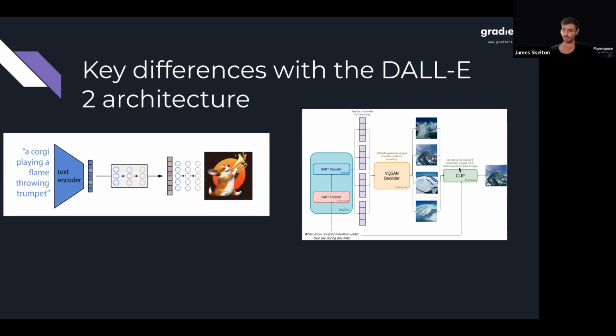Next, DALL-E 2 reads through an autoregressive model while using a bidirectional encoder. And DALL-E Mini instead uses VQGAN to decode a single direction code from the BART decoder.